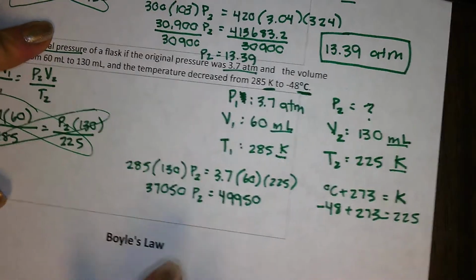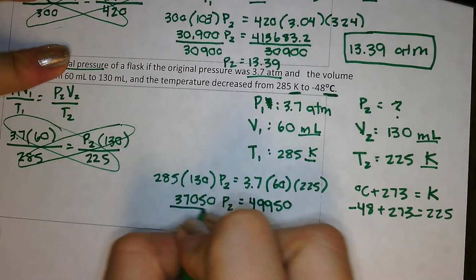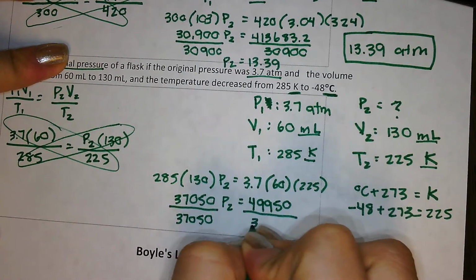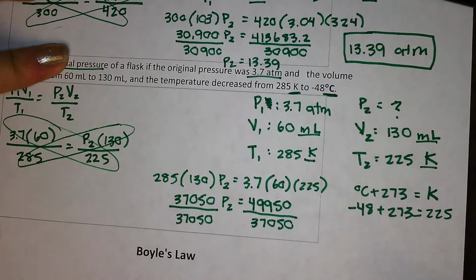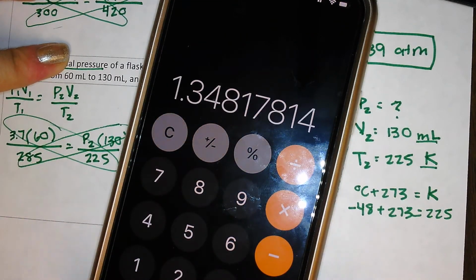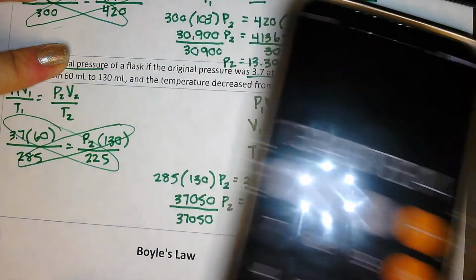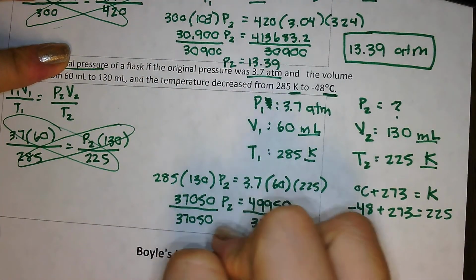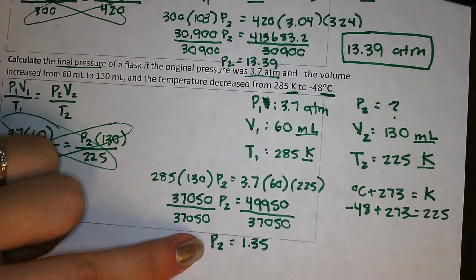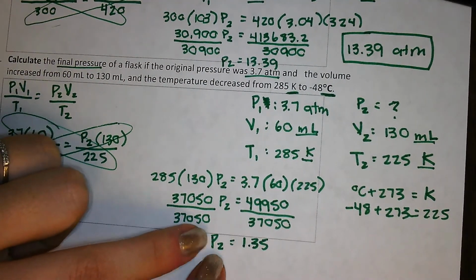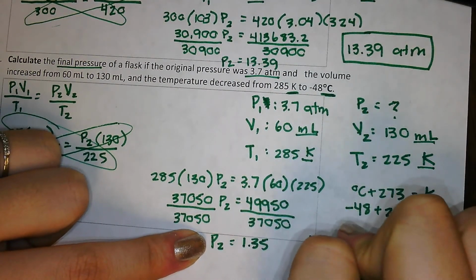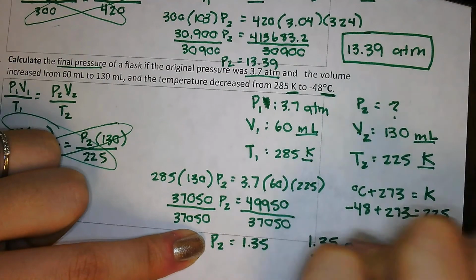And I want to get P2 by itself, so that means I have to divide both sides by 37,050. That gives approximately 1.35. P2 is equal to 1.35 approximately. Because P2 is a pressure, and my units are in atmospheres, my final answer will be 1.35 atmospheres, ATM.